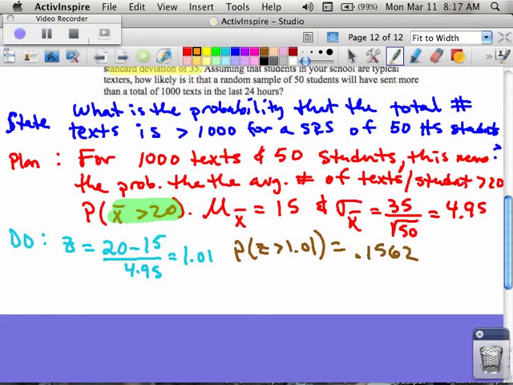Which means that our conclusion is that there's a 15.62% chance that a random sample of 50 high school students will send in 1,000 texts per day.